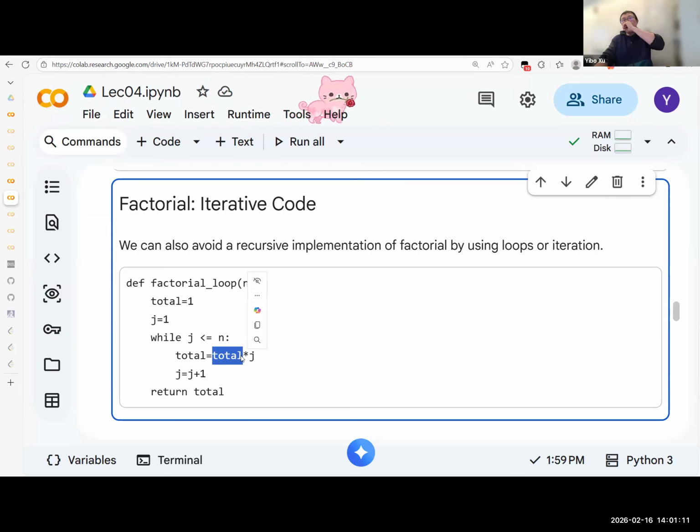That's just a variable name. Usually total is for sum. You can say product. Okay, product initially equals 1, and every time you multiply product with j, and then every time you increase j. So here for the while loop, you have to increase the index every time. But if you are writing a for loop, then you don't really need to do that, right?